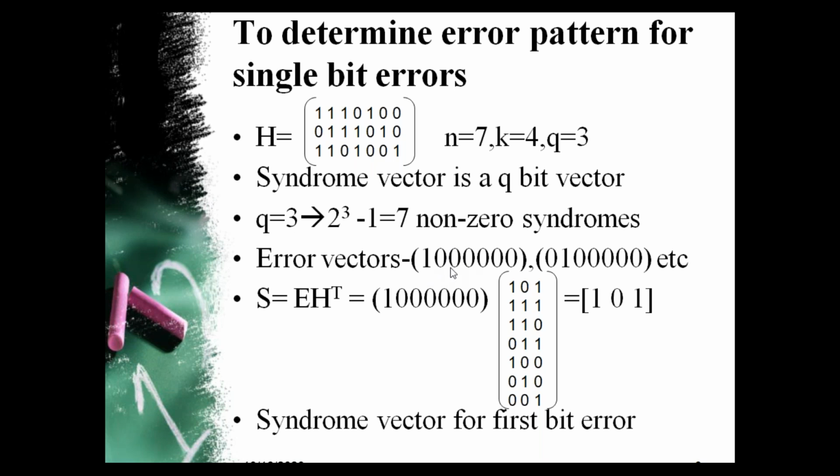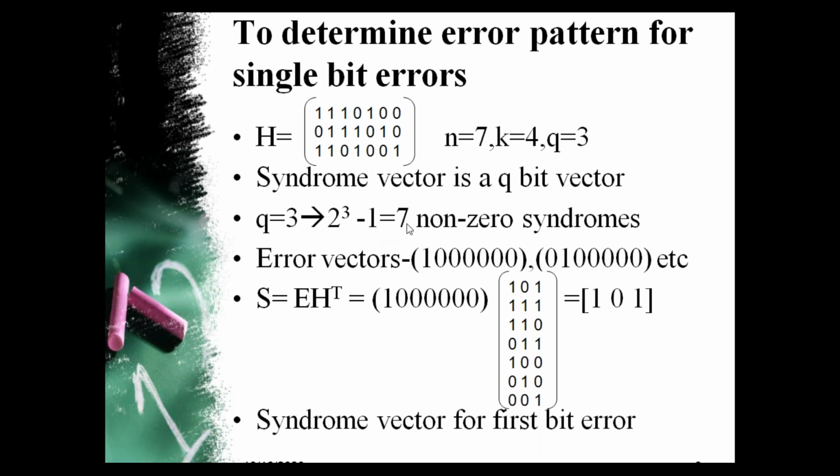First bit is 1, all the remaining bits, that is 6 zeros. Then second bit 1, all the remaining bits are zeros, like that. If the error has occurred in the last bit of any of the code words, then the corresponding error vector will be 6 zeros and last bit equal to 1.